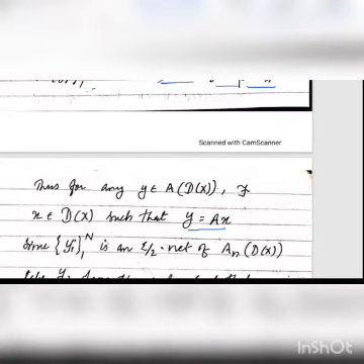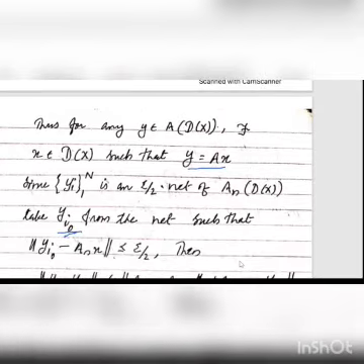Thus, for any y belonging to A of Dx, there exists x belonging to Dx such that y equals Ax. Since yi from 1 to n is an epsilon by 2 net of An Dx, take your yi0 from the net such that norm of yi0 minus Anx is less than or equal to epsilon by 2. Okay, you select such a yi0.